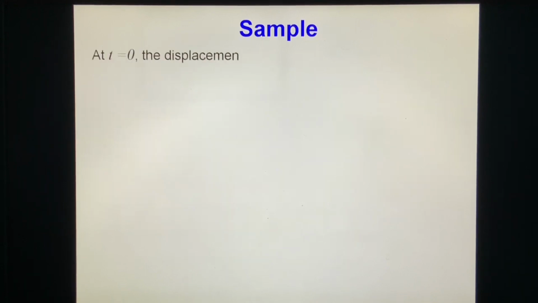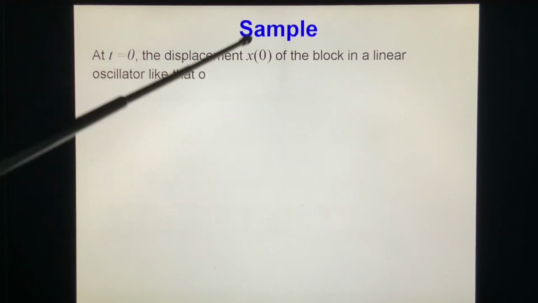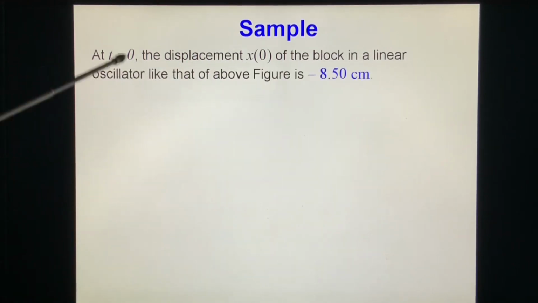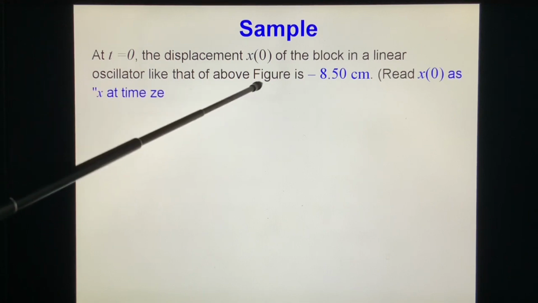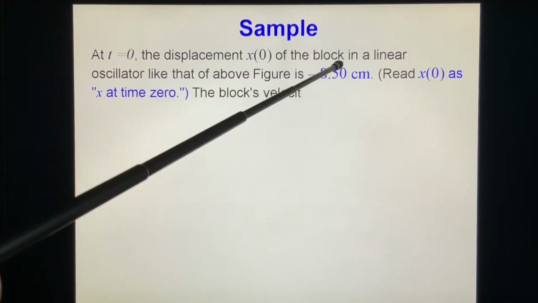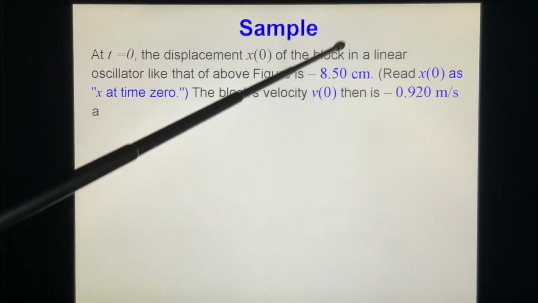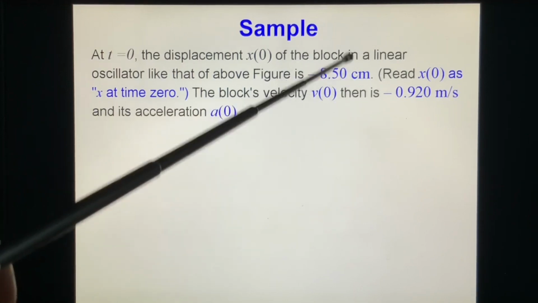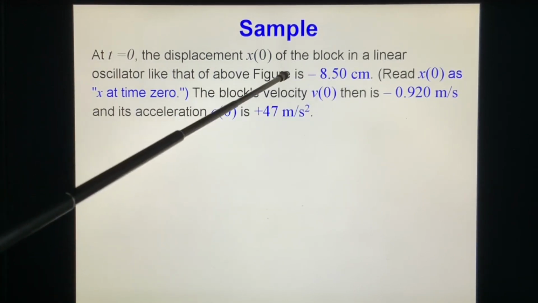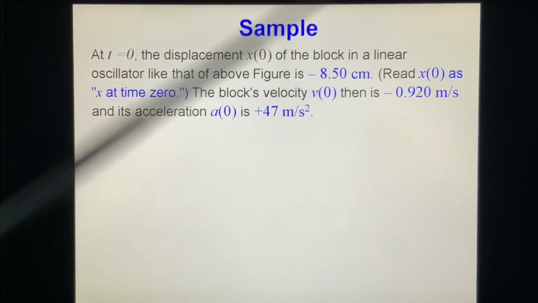Sample. At t equals 0, the displacement x0 of the block in a linear oscillator, like that of the above equation, is minus 8.50 centimeters. When we do the calculation, we must use meters: minus 0.0085 meter.